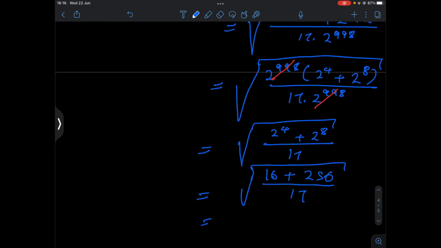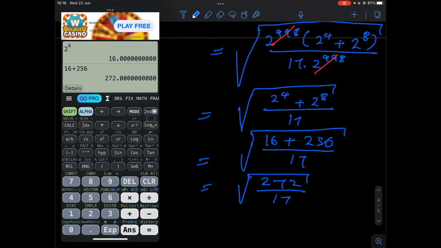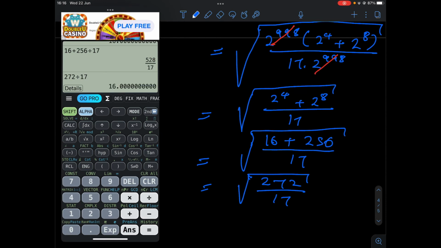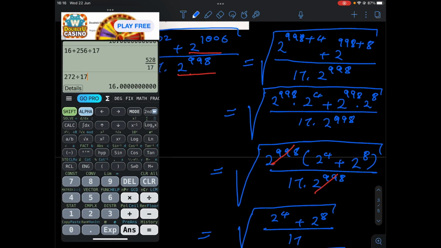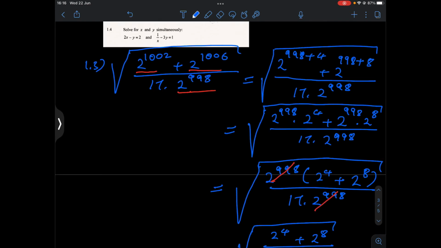And now 16 plus 256 gives us 272. 272 divided by 17, we get 16. So the square root of 16 is simply 4. So the answer to this question was 4. The answer to this question here is equal to 4.